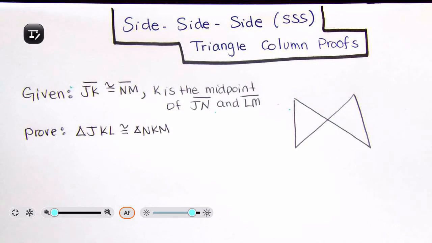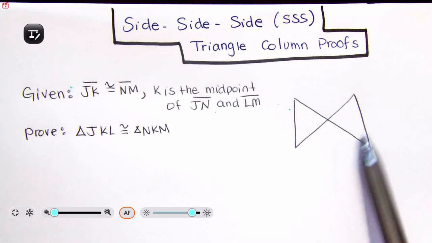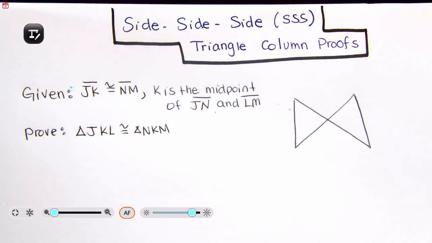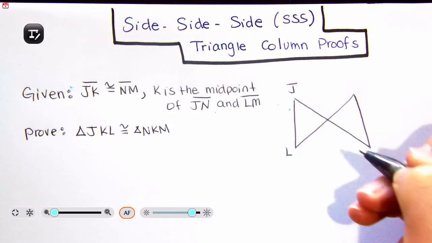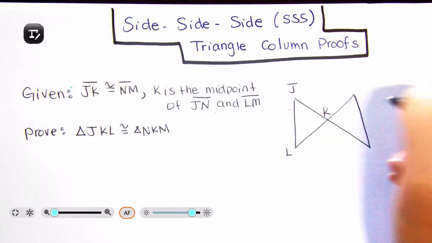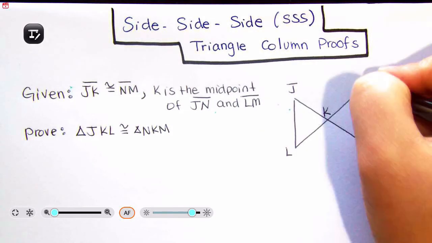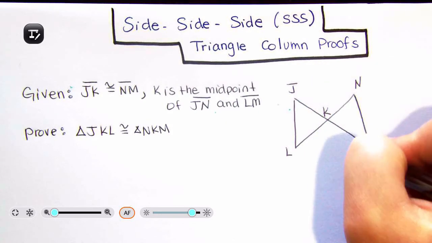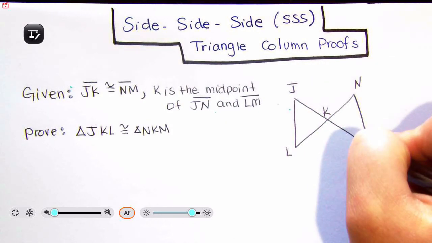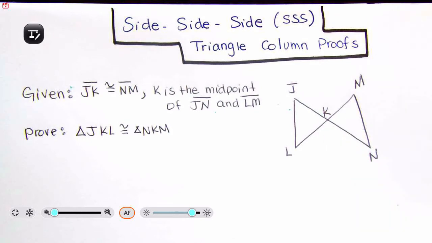So please, as soon as I label this image here, pause the video and try to prove this on your own. But before you pause the video, you do need to know what your triangle name is. So you have triangle JKL and then you have triangle NKM. So this is an M. Okay, now pause the video, try to prove this on your own, and I will see you back whenever you're ready.